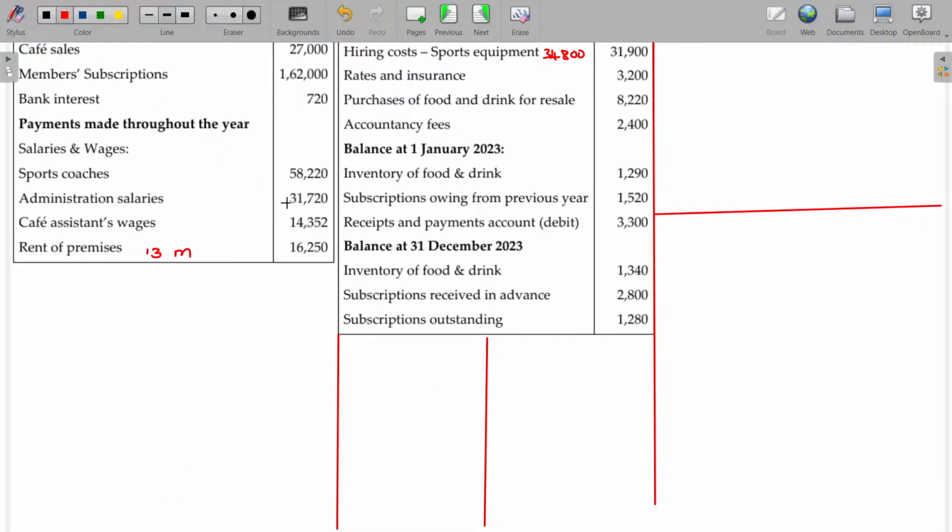So we have to prepare the subscription account, and the income statement for the cafe, and we have to prepare the income and expenditure account also, for the club.